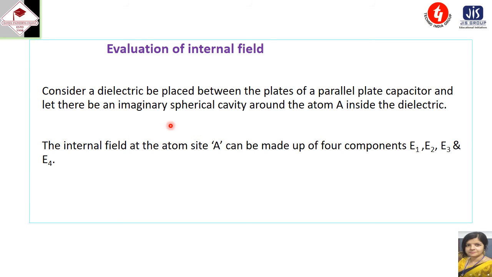Consider a dielectric placed between the plates of a parallel plate capacitor, and let there be an imaginary spherical cavity around the atom A inside the dielectric. The internal field at the atom site A can be made up of 4 components: E1, E2, E3 and E4. So we will separately calculate the expressions for E1, E2, E3 and E4 in short.